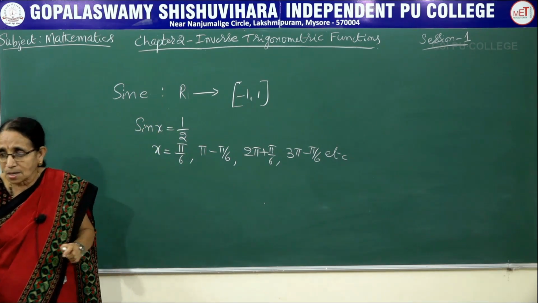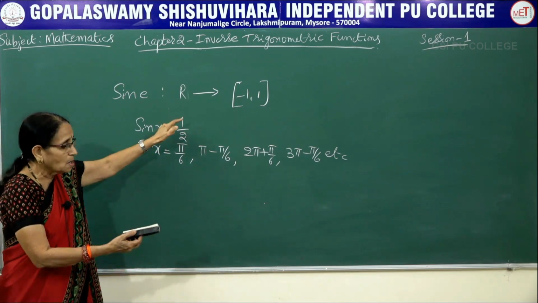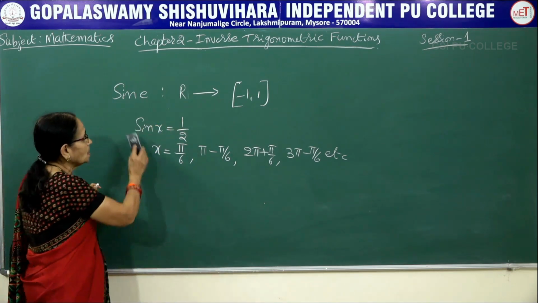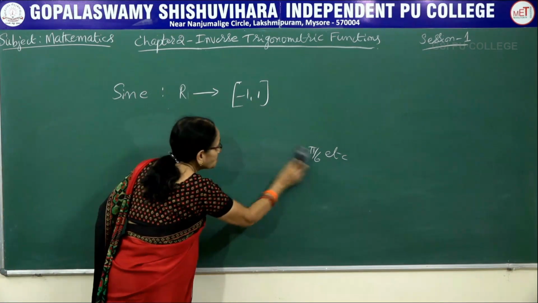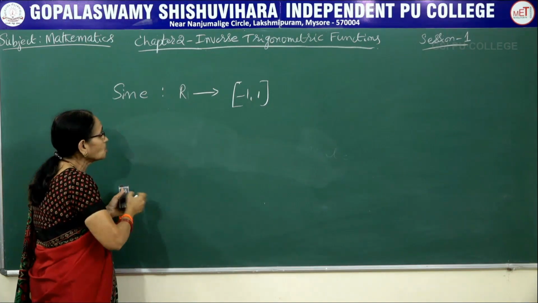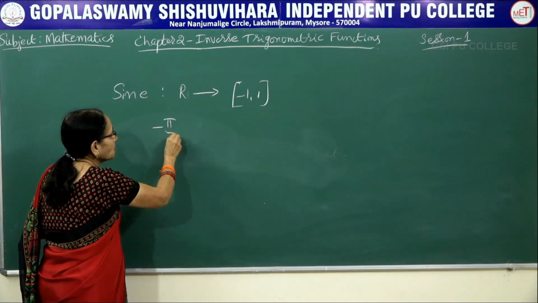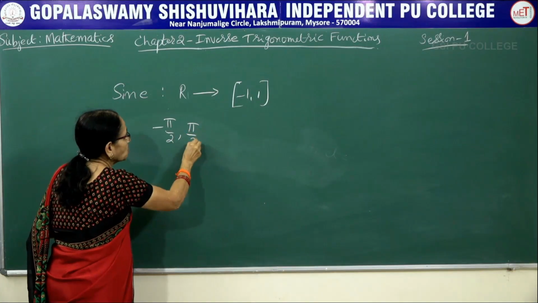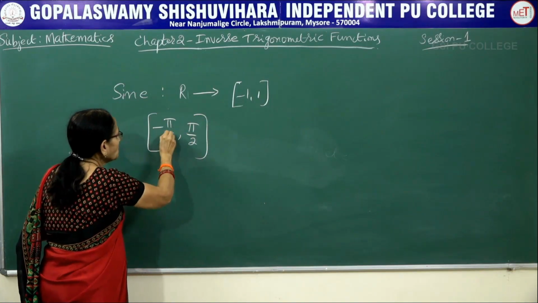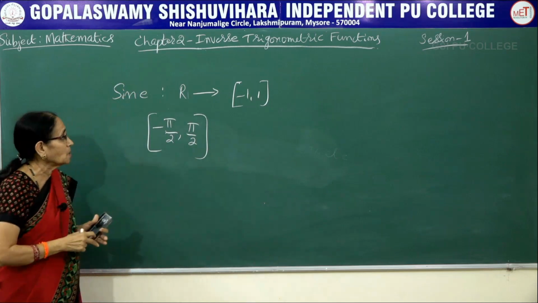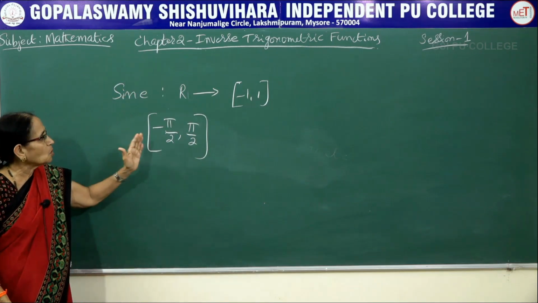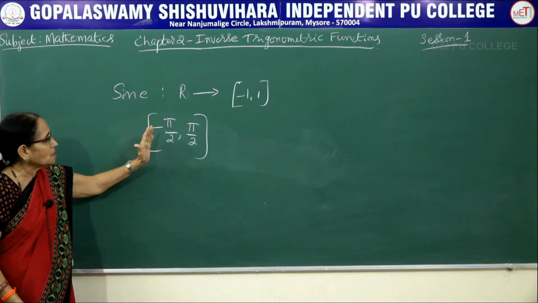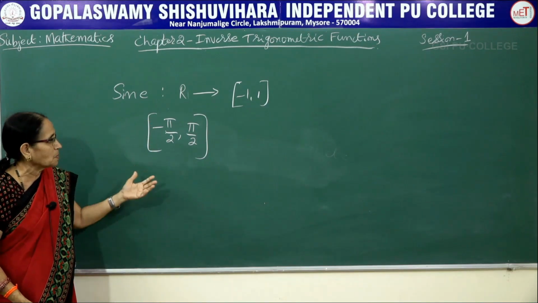Suppose I restrict the domain instead of taking the whole set of real numbers. Suppose I restrict the domain to the closed interval minus pi by 2 to pi by 2.